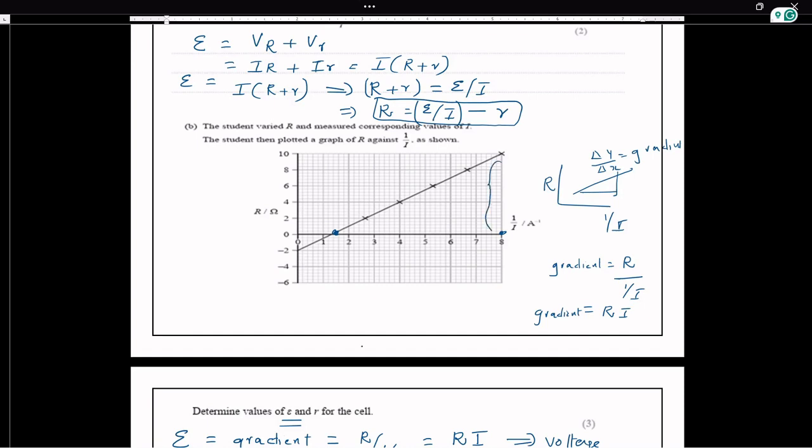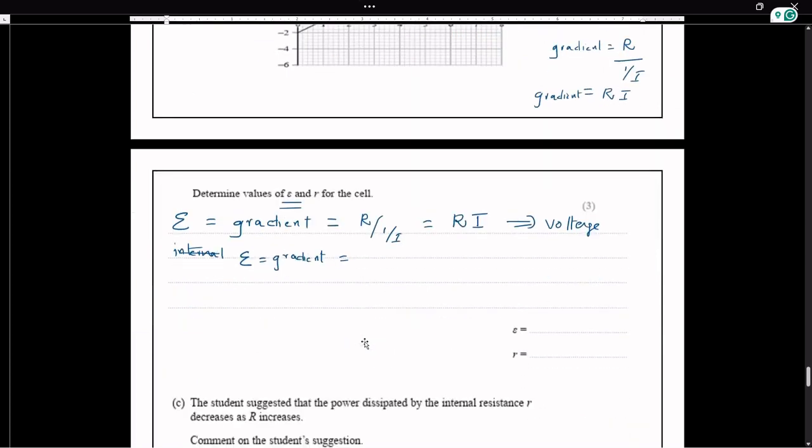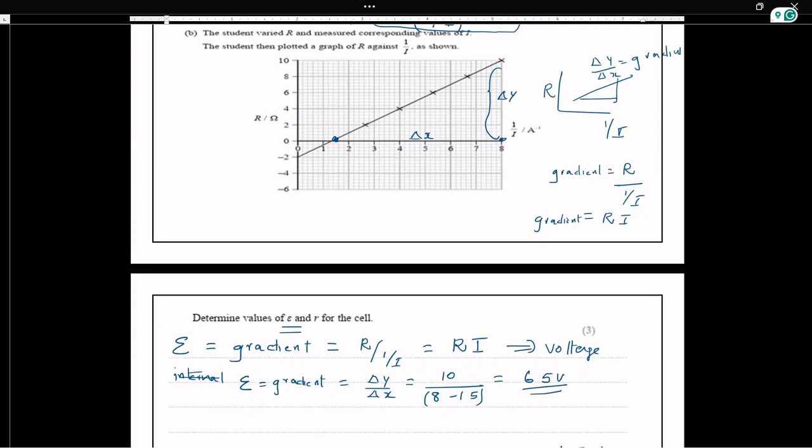This is my delta y and this is my delta x. Therefore the gradient equals delta y by delta x, which is 10 over (8 minus 1.5), which is 6.5 volt. So this is the EMF I am getting. EMF is 6.5 volt.